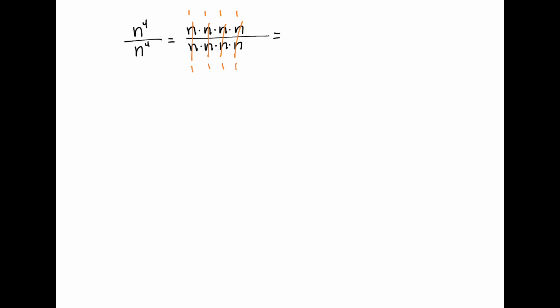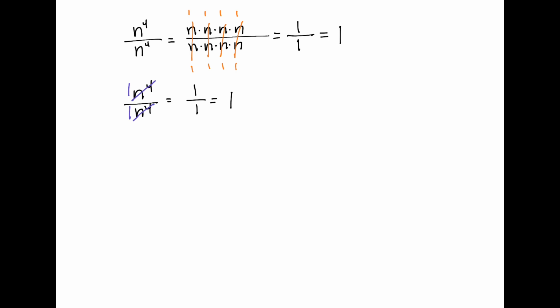So 1 times 1 times 1 times 1 over 1 times 1 times 1 times 1, which is 1. That's one way of looking at it. Okay, another way of looking at it is the coefficient of both of these are 1s. We just don't write them. But now these 4 cancel with those 4 and leave nothing for either one of them. So the answer is 1 over 1, which is 1. Either way, something over itself, no matter what that something is, is going to equal 1.